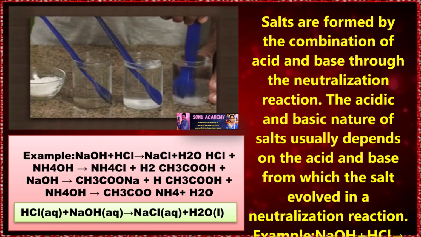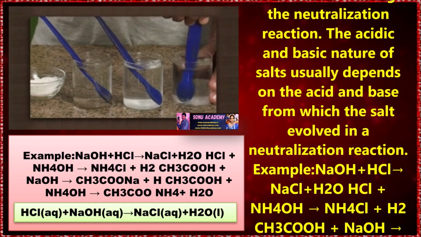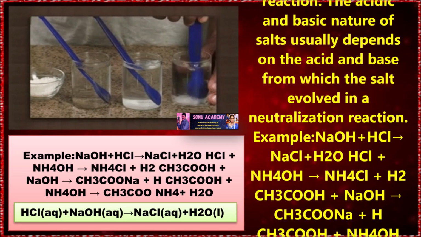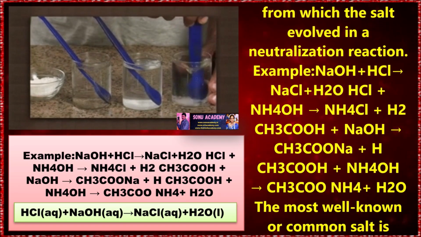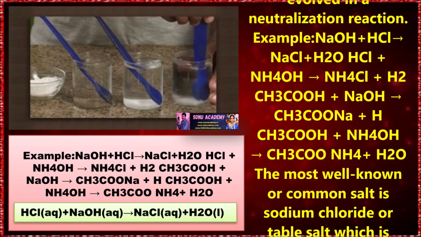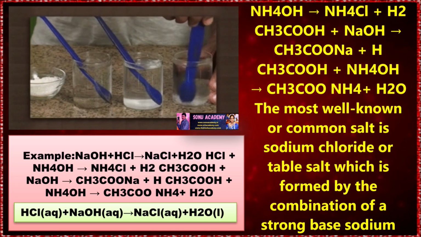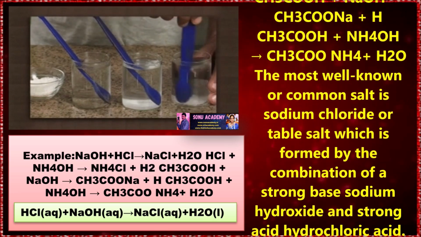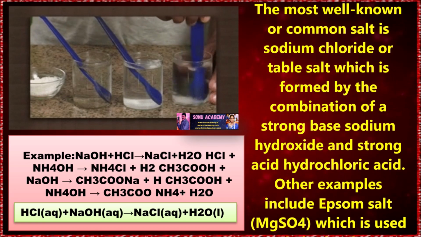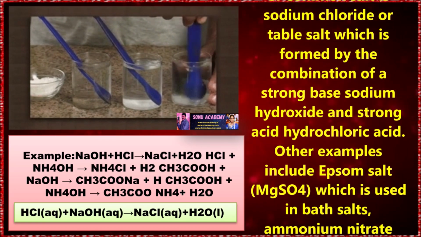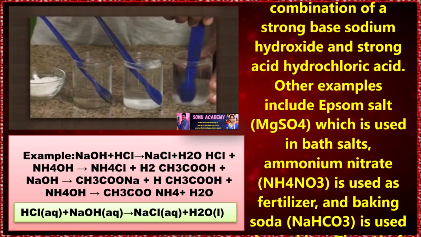For example, NaOH plus HCl gives NaCl plus H2O, and HCl plus NH4OH gives NH4Cl plus H2O. CH3COOH plus NaOH gives CH3COONa plus H2O. CH3COOH plus NH4OH gives CH3COONH4 plus H2O.